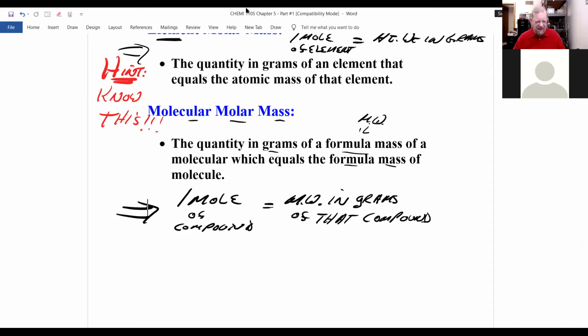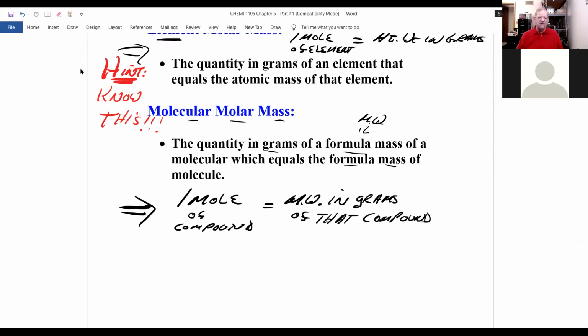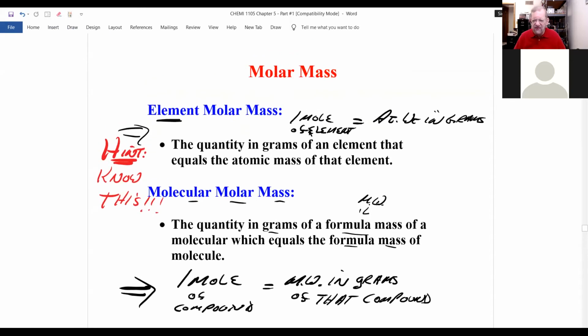One mole of a compound equals its molecular weight in grams. And 1 mole of an element equals the atomic weight in grams.